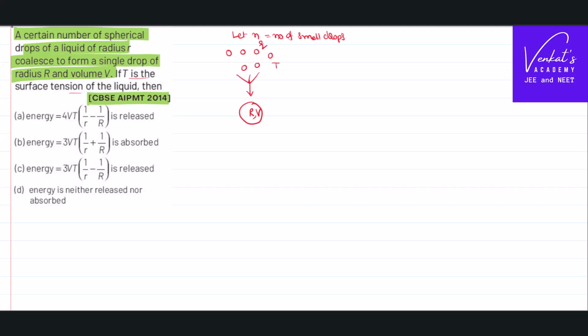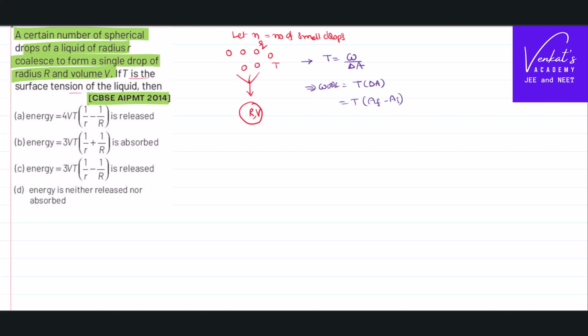If we have to find the energy released in the process, we have to go for the core concept. Surface tension is defined as work done in increasing the unit surface area of the liquid. That implies work done equals surface tension into change in the surface area, that is A final minus A initial.